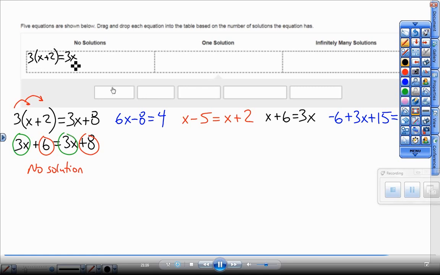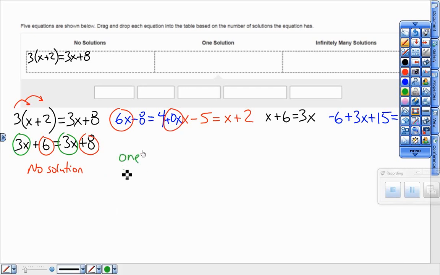All right, the next problem. This has 6x minus 8 equal 4, which technically is plus 0x there. There's really no x's on that side. And again, anytime you have different number of x's on either side, either x is here, nothing over here, or 0x, that's automatic one solution.